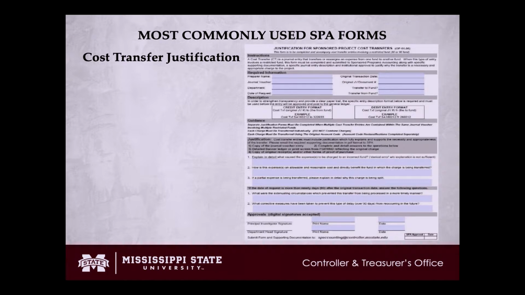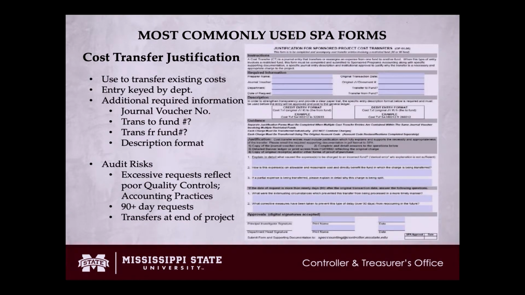The justification sponsored project cost transfer. Now this form is used if you do key your own cost transfer entries. This form is essentially 90% identical to the cost transfer form. However, there's a little more information involved because you are keying your entry. We do ask you to include certain information like the journal voucher number that you're keying, the fund you're transferring from, the fund you're transferring to, and then we also ask you to use the description format.